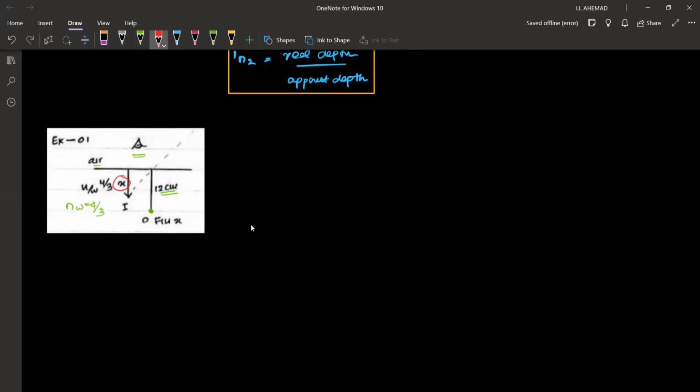Here we apply n of water with respect to air, that is equal to real over apparent. So NWA is 4 by 3, the real depth is 12, and the apparent depth is x. Simplifying for x, you get x is equal to 9 centimeters.